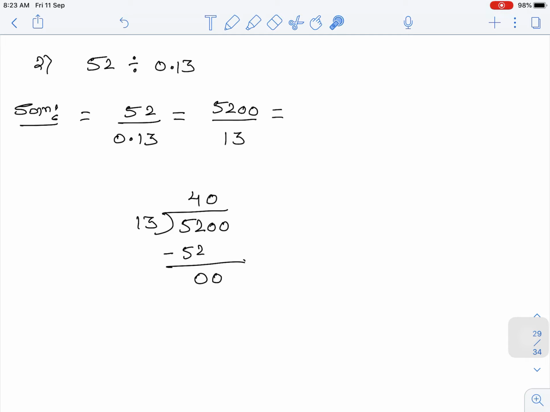Then the next number is again 0, which is also not divisible by 13, so we write another 0. In this way our answer is 400. So in this way you have to solve it. Now we'll solve some more examples.